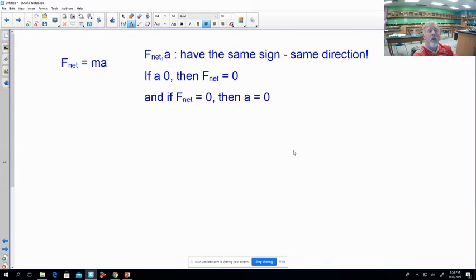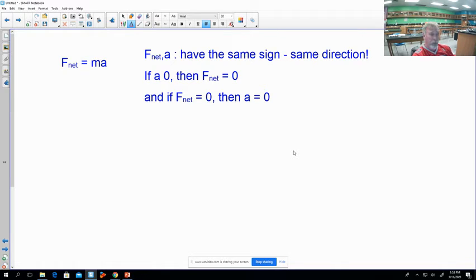And this is all Newton's second law really tells us. If there's a net force, there's an acceleration in that direction. If there's an acceleration in a certain direction, that must mean that there is a net force in that direction. That is all Newton's second law tells us.